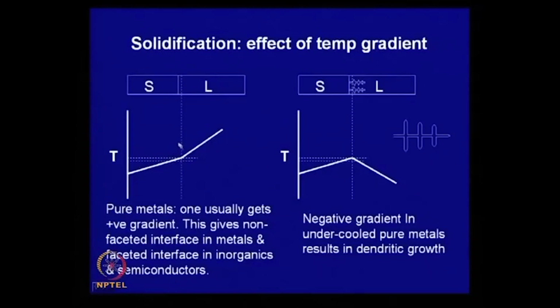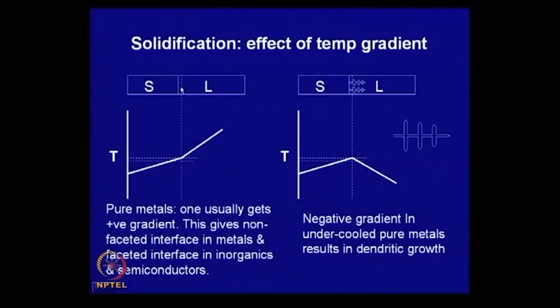If there is a departure from the planar interface, a bulge develops. When this bulge develops, heat will come out from these surfaces also, which will not be able to extract it. The only way it can be extracted is through this direction.